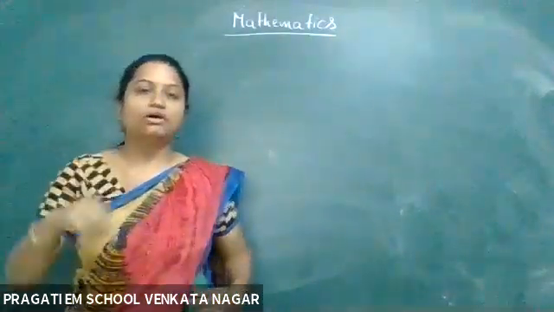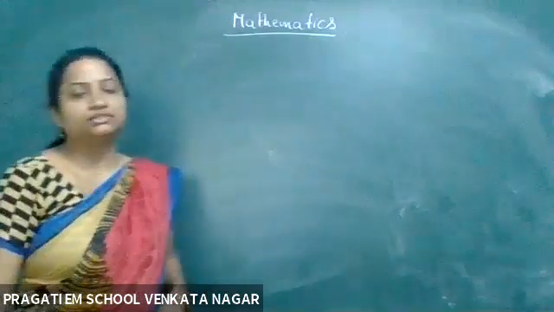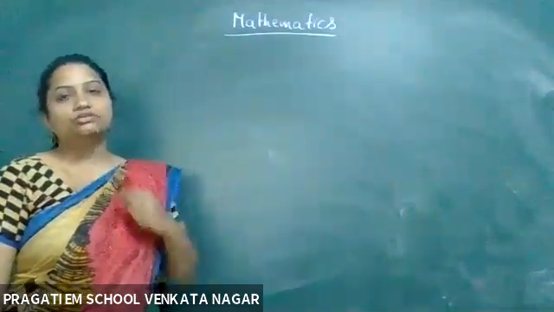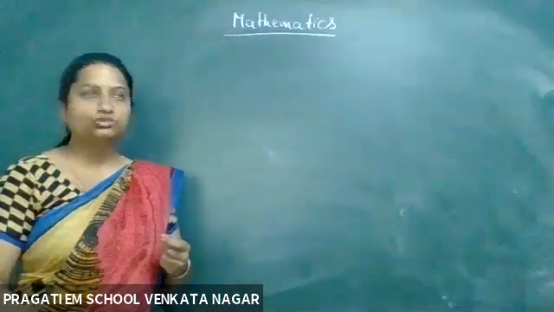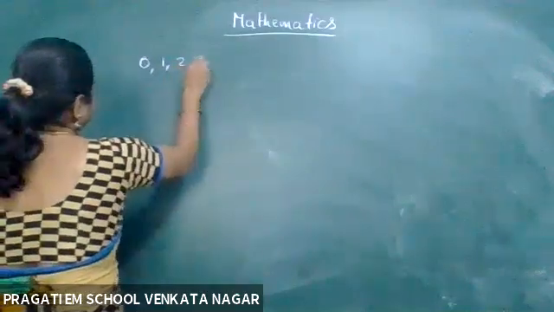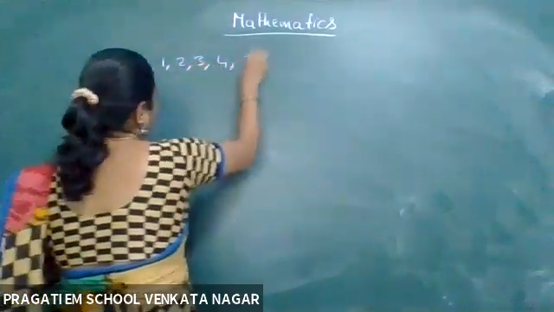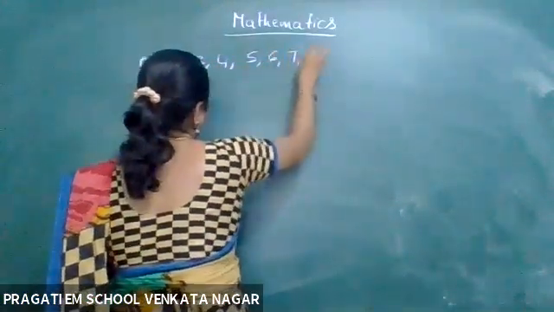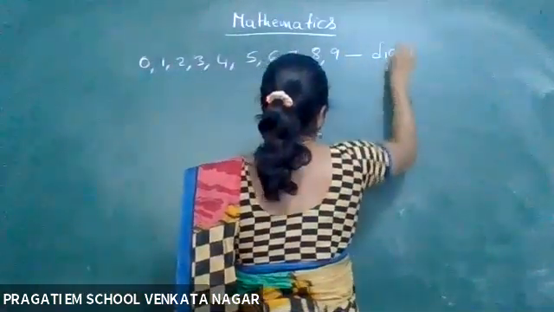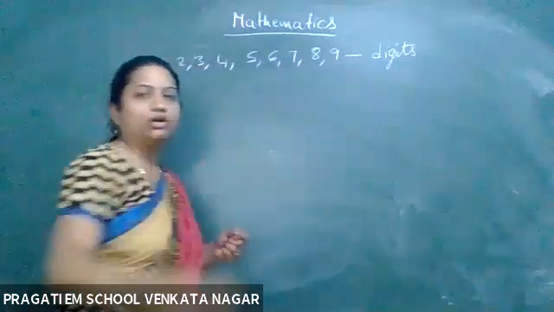Yes, children, we are all aware of numbers. Yes or no? 0, 1, 2, 3, 4, 5, 6, 7, 8, 9 are called digits.